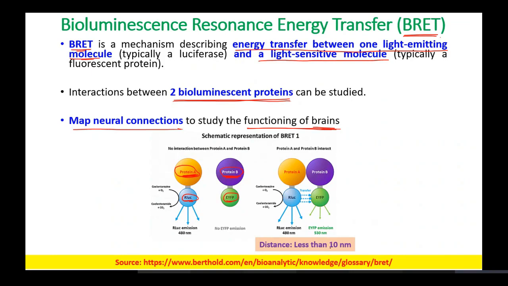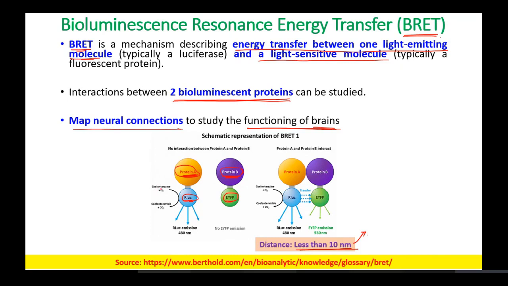And what do we mean by very near? We mean that the distance between these two proteins would be less than 10 nanometers. Then only we would say that protein A and protein B are interacting with each other in an associative manner.